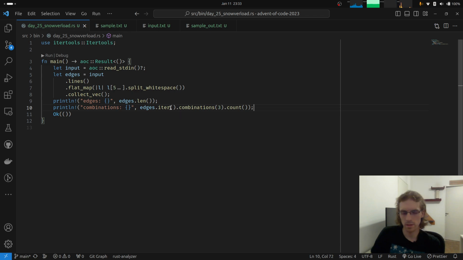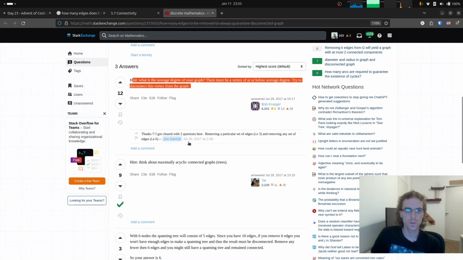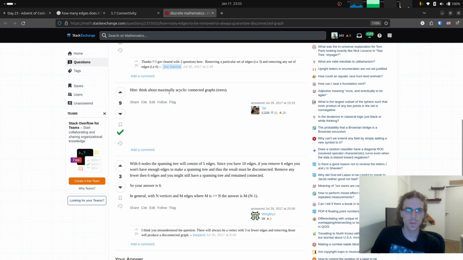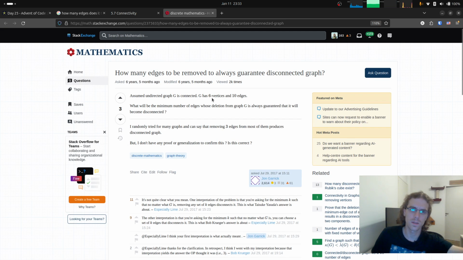That is something else that we could compute, like think about maximally acyclic connected graphs. Maximally acyclic connected graph? Trees. On a tree, you can just cut one edge and you get a disconnected thing because it's acyclic, right? Yes.